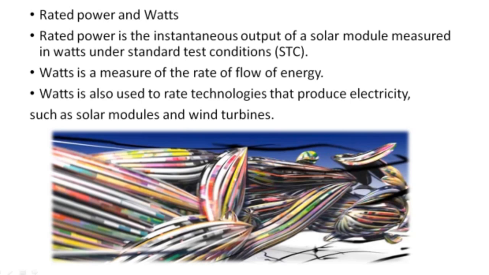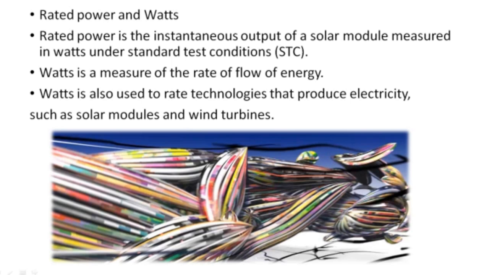Watts is a measure of the rate of flow of energy. It is used to rate the devices that consume electricity. For example, a 100-watt light bulb and a 1200-watt microwave oven. This number describes the amount of power a device consumes.